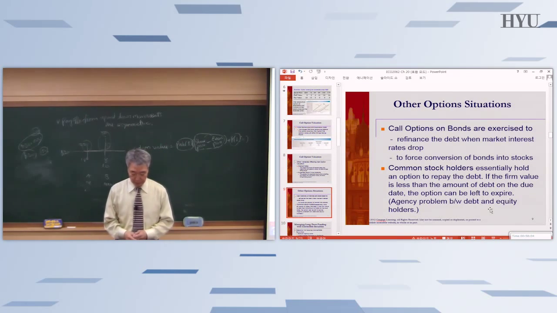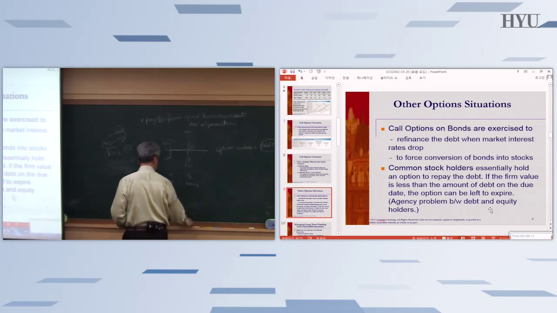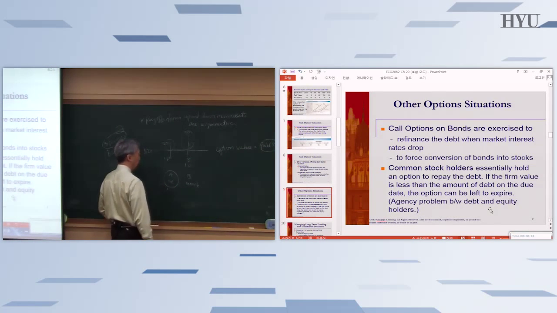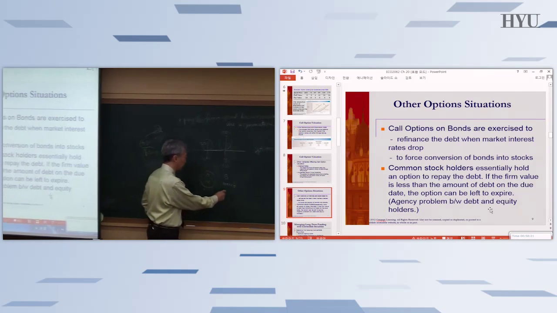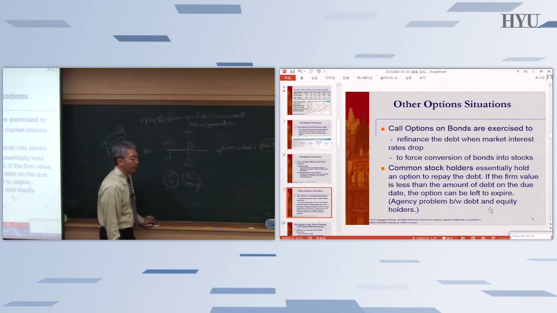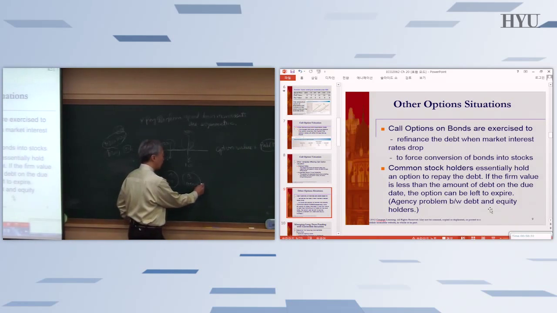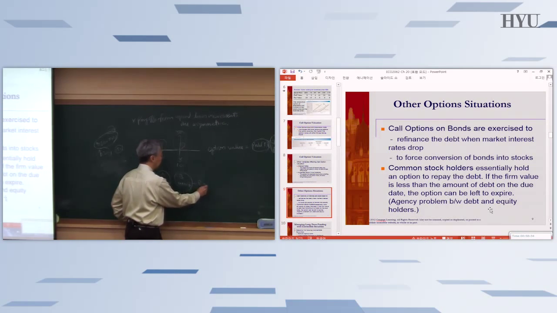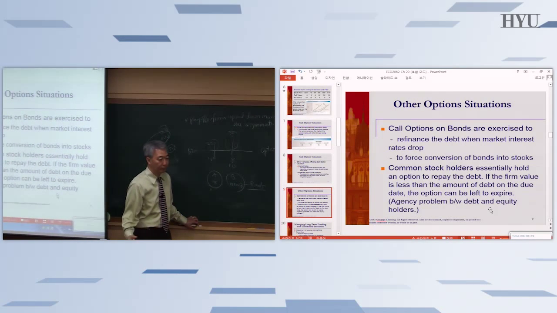Common stockholders. If you're holding GE stock, GE is highly unlikely to do that. But take any company, let's say Genzyme stock. Then you are the owner of the company. And let's say Genzyme issued bonds, in other words, they have borrowed money from some other investors.